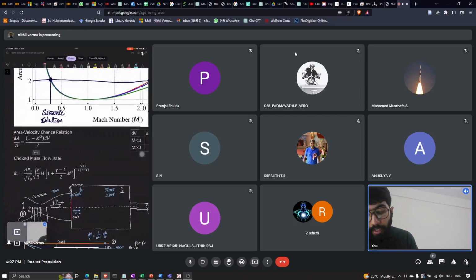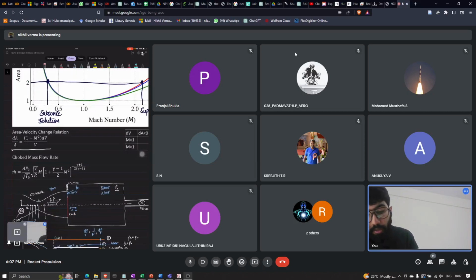Coming on to the other relation, this is the isentropic flow relation. Basically, if you have the inlet Mach number and the change in area is given, what will be the change in the velocity of the flow? If you have a converging section, dA by A is negative, because the area is decreasing from section 1 to section 2.